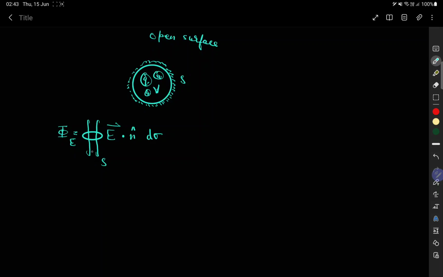Now, we know that the surface is closed, which means we can exploit one of the properties of this kind of integral.